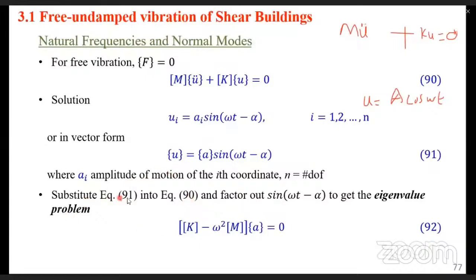When you substitute the solution into the problem and factor out sine omega t, which is the oscillatory part, the motion part, you are left with equation 92, which we now refer to as the eigenvalue problem.